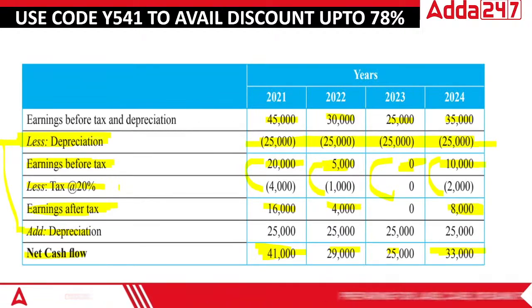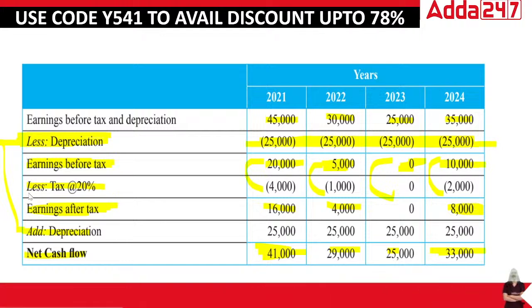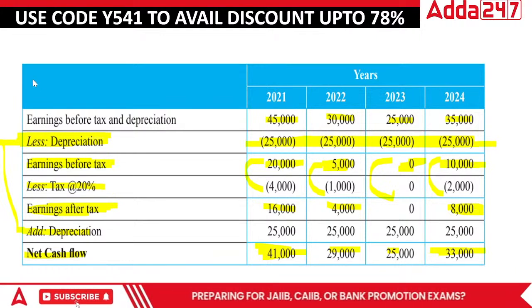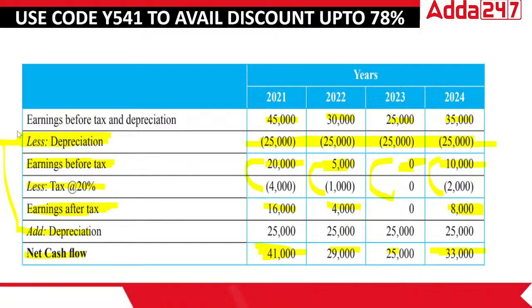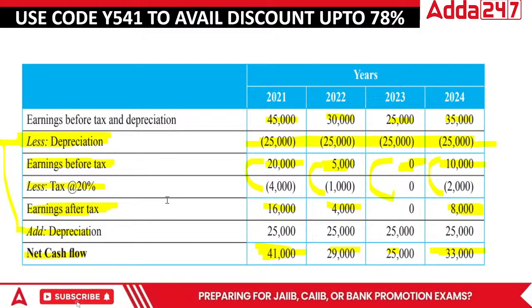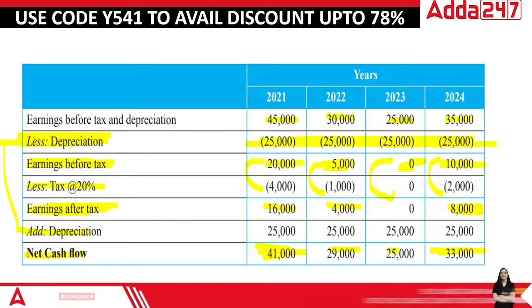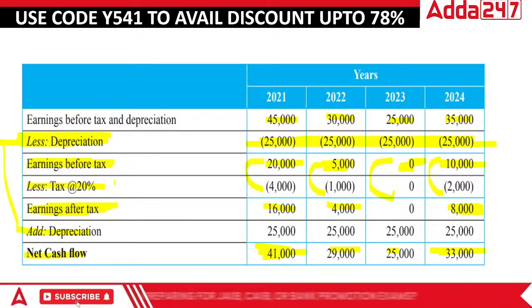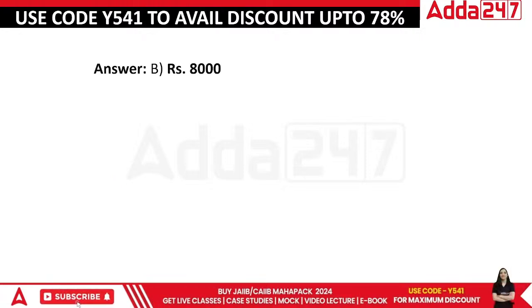In 2024, it comes out to be 8,000. So the answer is B. 2024 earning before taxes, 8,000.